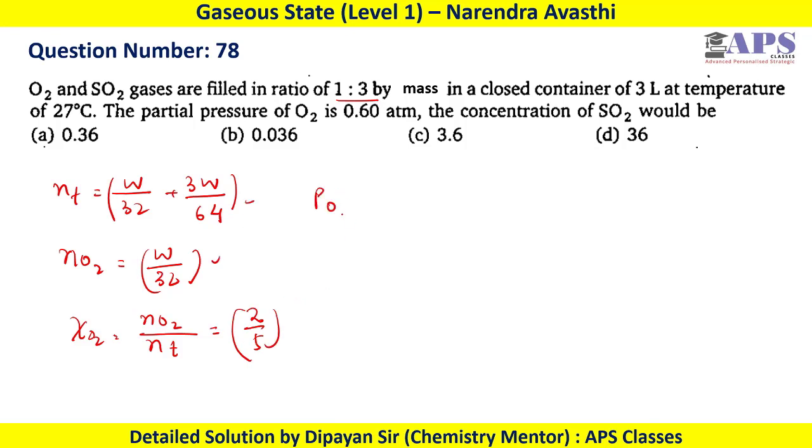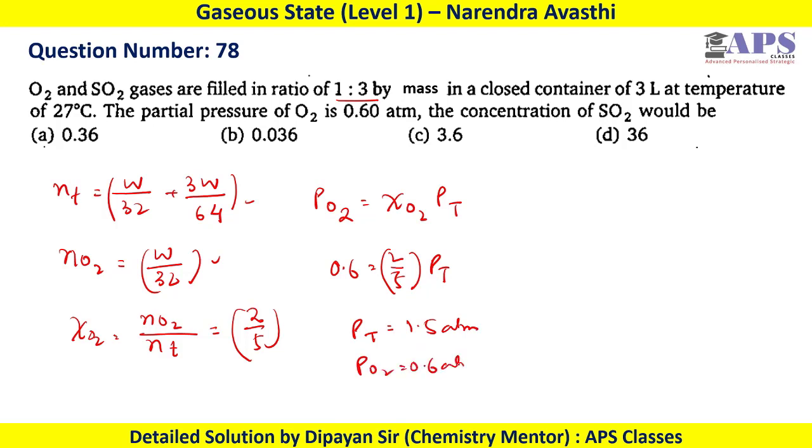According to the problem, partial pressure of O2 is nothing but mole fraction of O2 multiplied by total pressure. It is 0.6 equal to 2 by 5 times total pressure, and total pressure can be calculated as 1.5 atm. Partial pressure of oxygen is 0.6 atm. So pressure due to SO2 can be calculated as 1.5 minus 0.6, that is 0.9 atm.